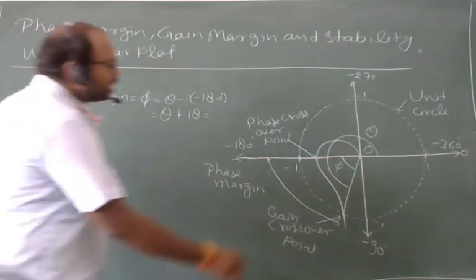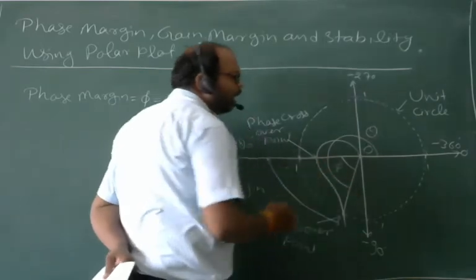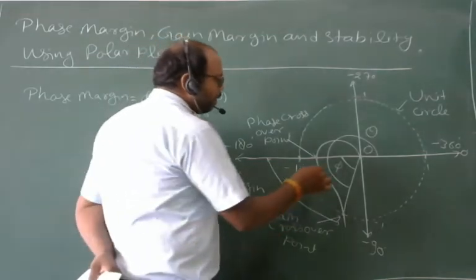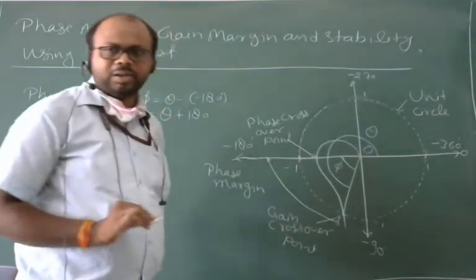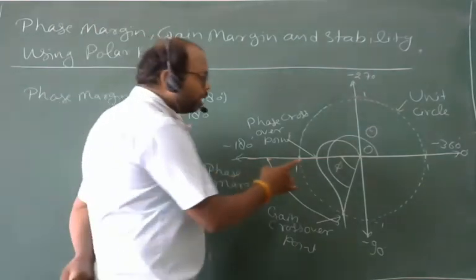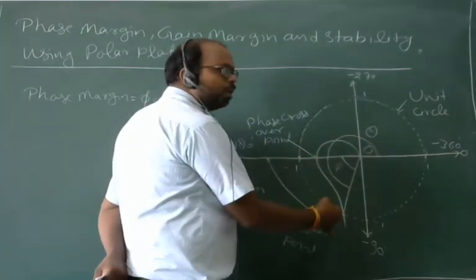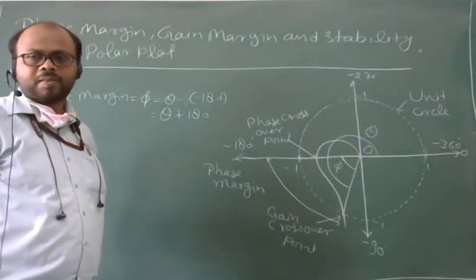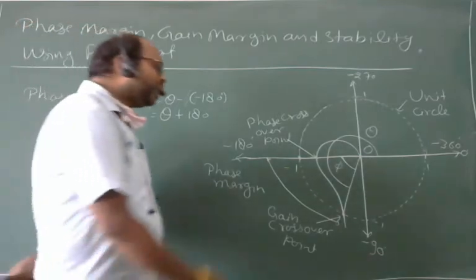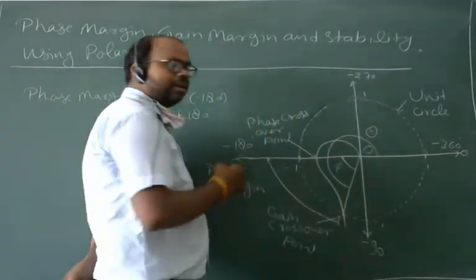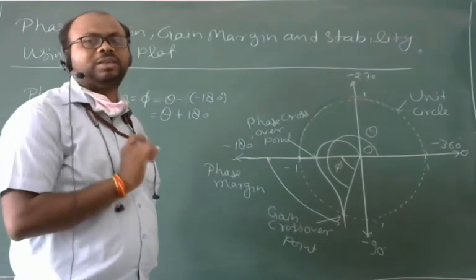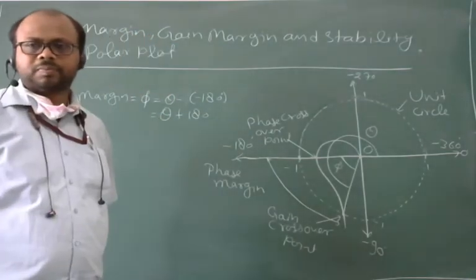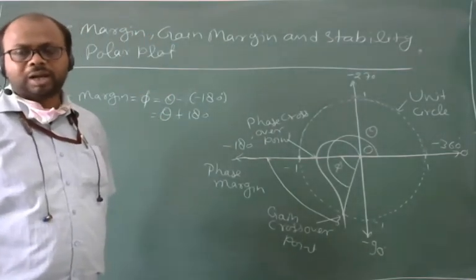And what is this theta? This theta is the phase angle of this polar plot when this plot crosses the unit circle. Or this theta is the phase angle at the frequency where gain crossover point occurs.